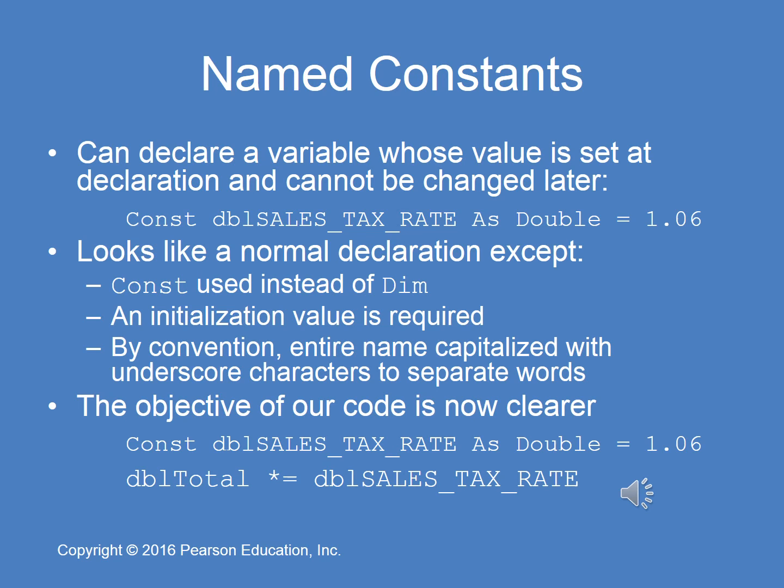If we have 10 occurrences of the sales tax rate in a program, and the sales tax rate for that particular state changes, then we just go back to the declaration, Const dblSalesTaxRate As Double = 1.06, and we change that. Let's say it goes to 6.5%. Then we would change that to 1.065, and everywhere in the program that constant is used would be 1.065. Hope this helps.